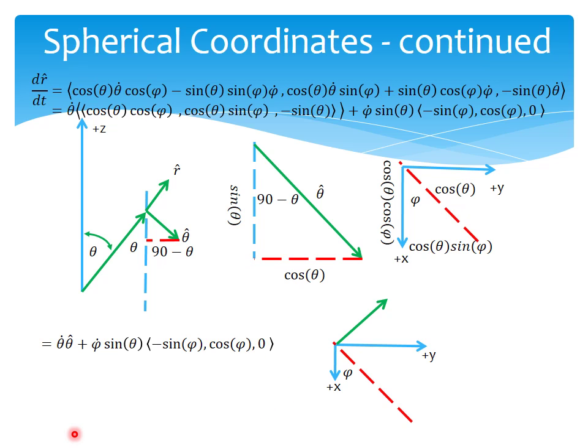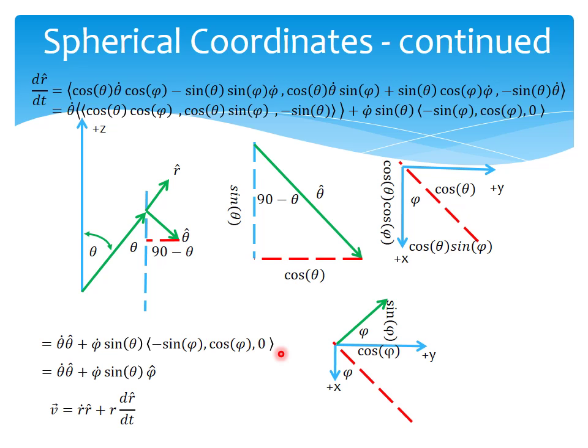So we need to figure out its angle. That's phi, and so that has to be phi. Its y component would be cosine phi, and its x component would be sine phi, and that is actually pointing in the negative x direction. So if I come up here, I have negative sine phi, cosine phi for the y. And so this term right here comes out to be phi hat.